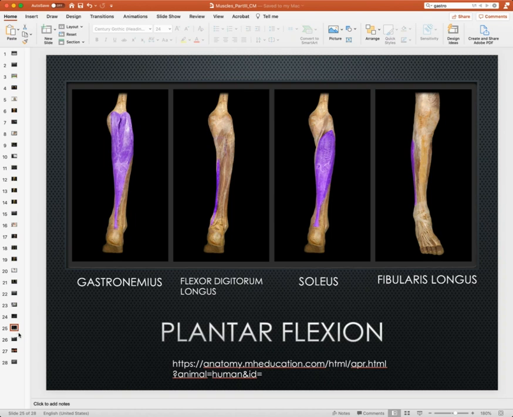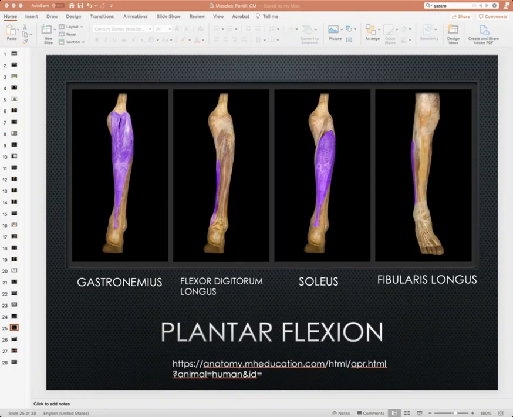Let's go to APR and get an idea of the difference between dorsiflexion and plantar flexion. So if you go to the muscular system and click on leg and foot, you will be able to find an example of plantar flexion.